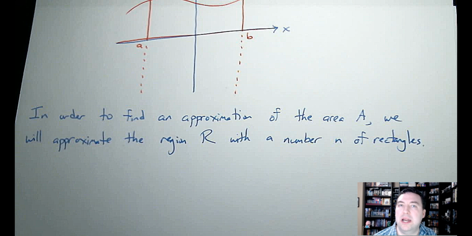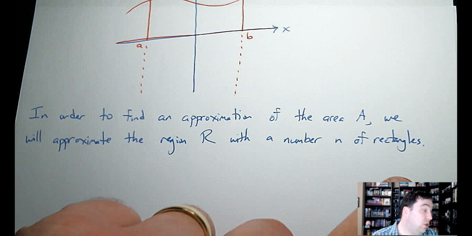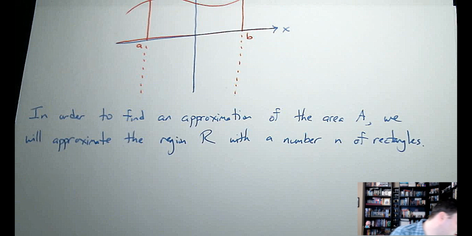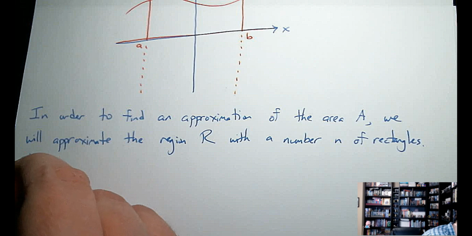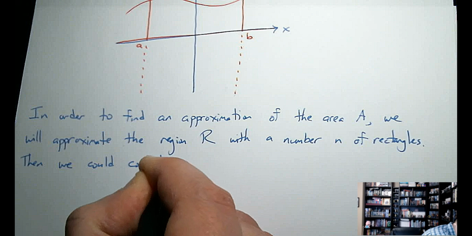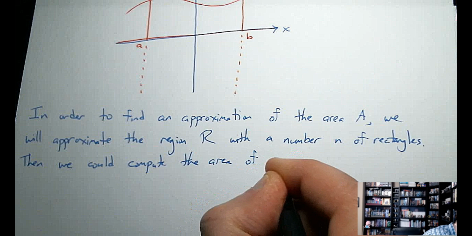And if we can do that, and we can do that in a way that seems pretty reasonable, then we do know how to get the area of these rectangles. So we could compute the area of each rectangle.